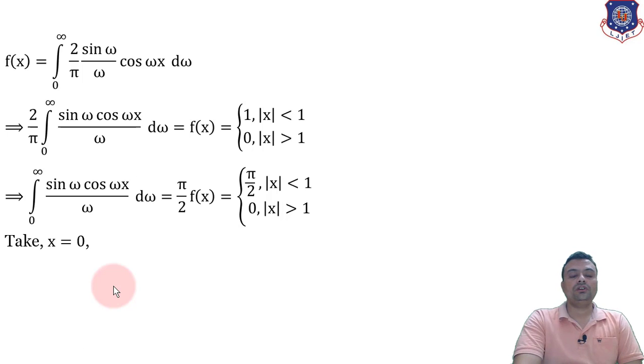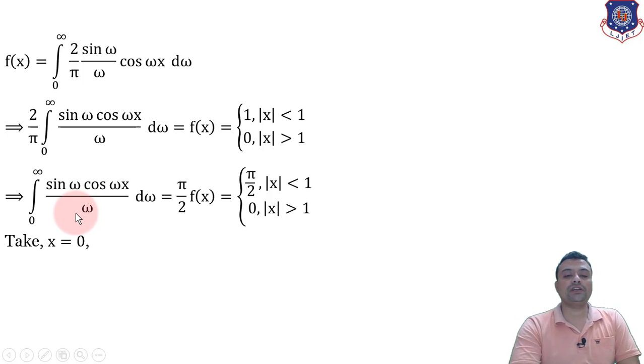Now, we are looking for a particular value where we can check integral 0 to infinity of sin omega cos omega x upon omega d omega as integral 0 to infinity of sin omega by omega. Now, the question is how to convert this integration into integral 0 to infinity of sin omega by omega, and that we can achieve by taking different values of x.